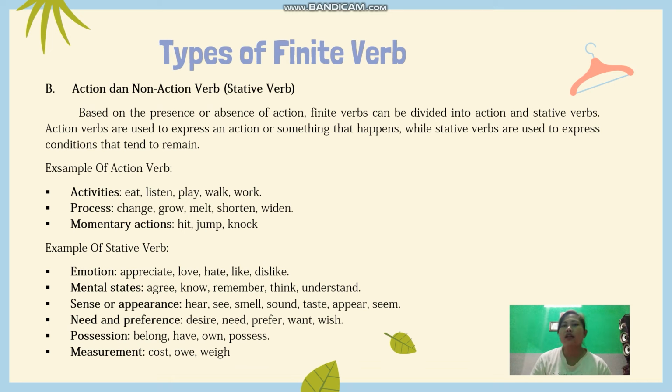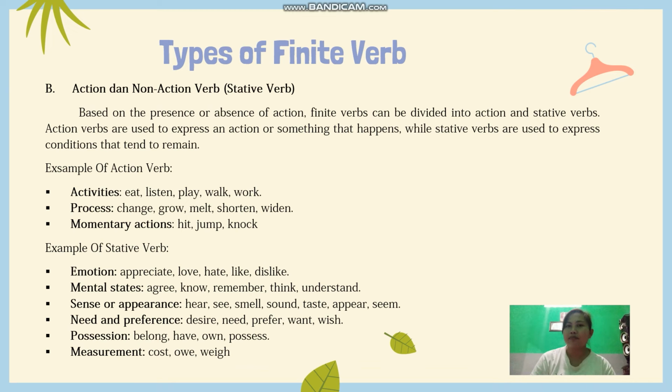And the example of stative verb. There are emotions: appreciate, love, hate, like, and dislike. Mental states are agree, know, remember, think, and understand. Senses are appear, hear, see, smell, sound, taste, seem.